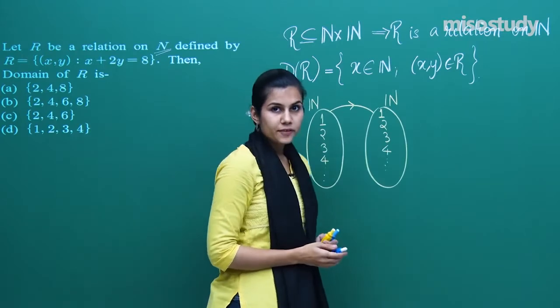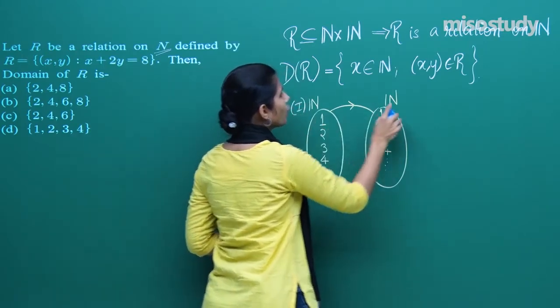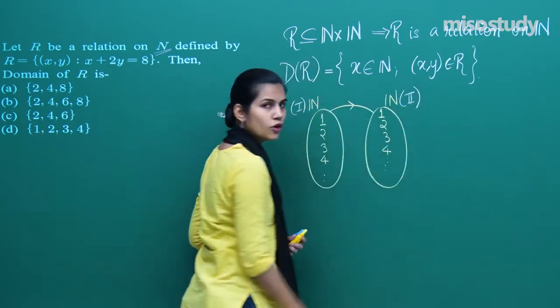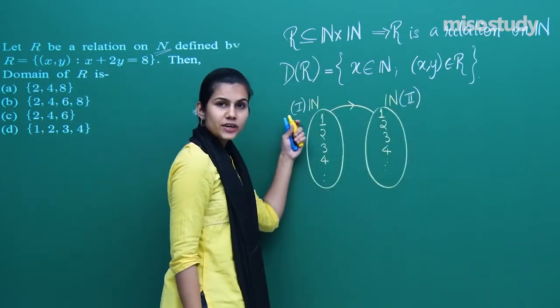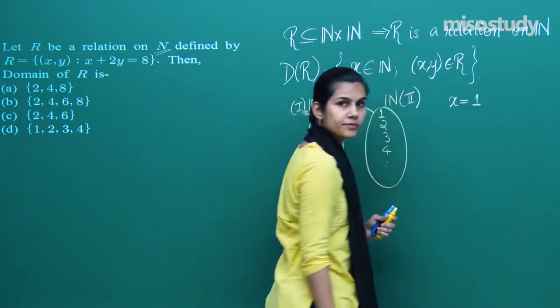So let's start with the very first natural number sitting in the first set, which is the collection of all naturals. The very first natural number is x equals 1.